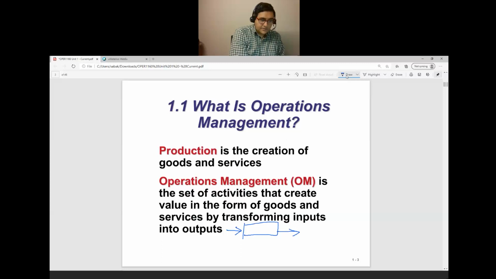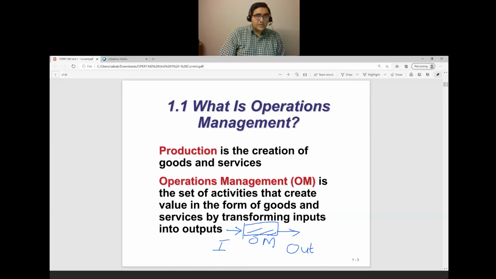This is the output section. And anything that happens inside this block is OM, operations management. So operations management basically helps to add value to the different inputs and helps to produce some value-added output. Let's see what it means.